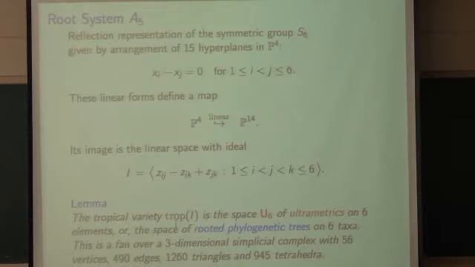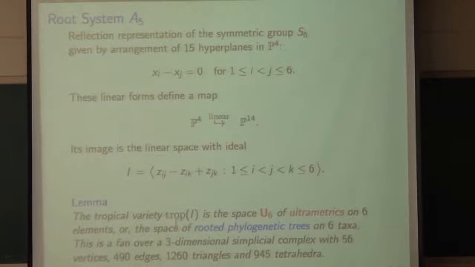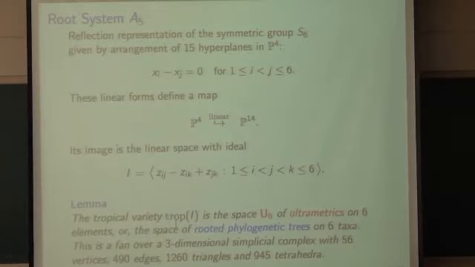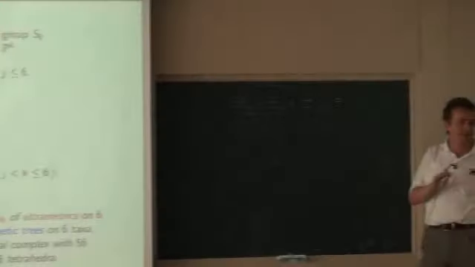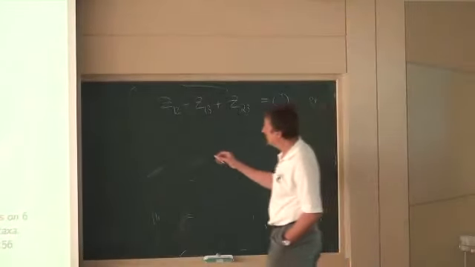Okay. So let's look at an equation. Z12. So we want to solve a linear equation like this. Now, just for the sake of illustration, let me use not min plus algebra, but max plus algebra.